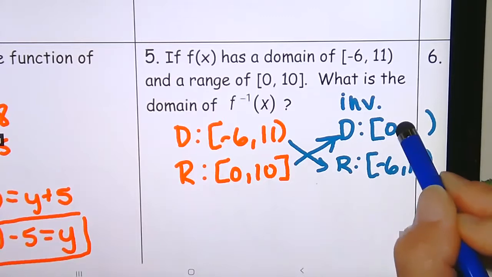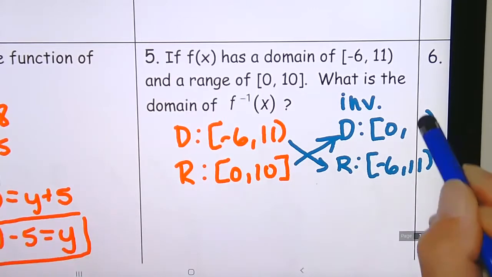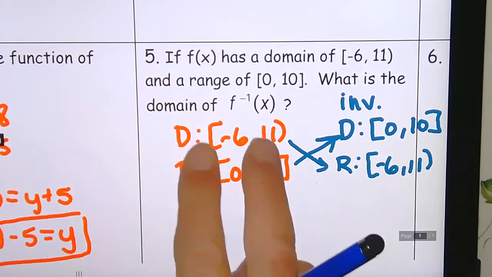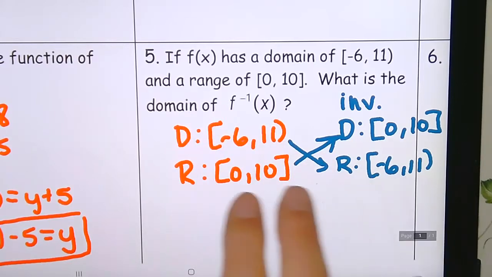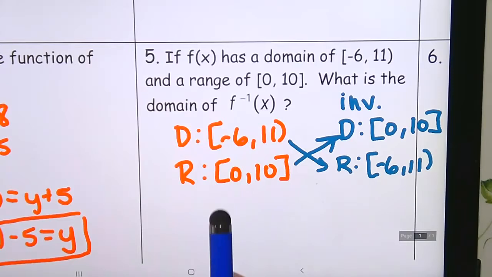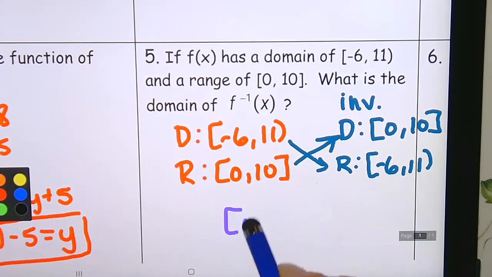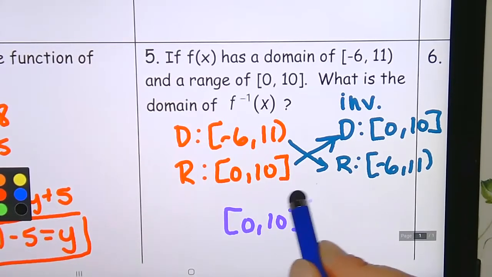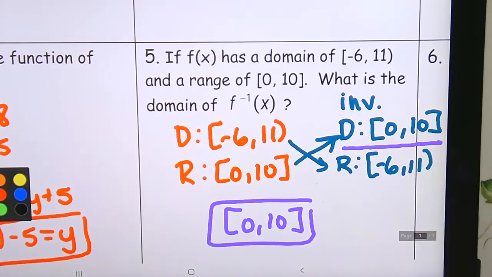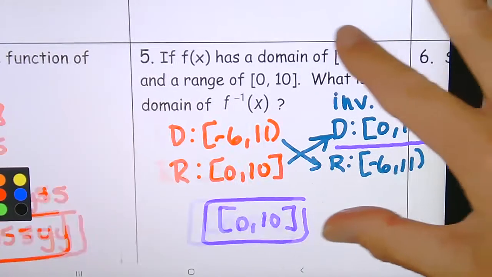So this is going to be 0, 10, closed bracket. Okay, so my domain becomes my range, and my range becomes my domain. So they asked, what is the domain of the inverse? So the domain of the inverse is 0 to 10, as we see right here. Okay, number 6.